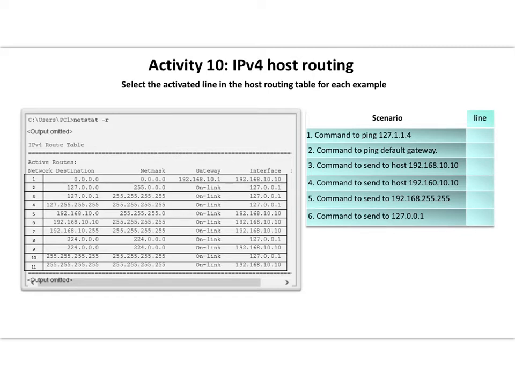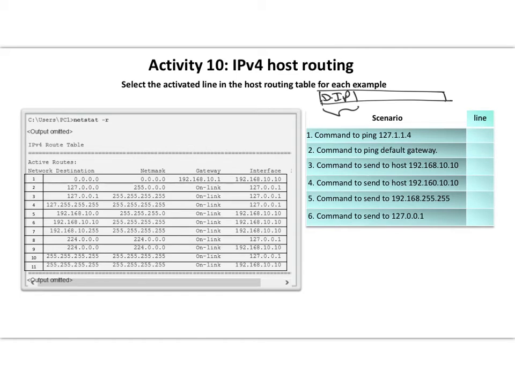So typically the host would receive a packet with a destination IP. What the host needs to do now is to decide, based on this destination IP, which route in the table it should select and route this packet accordingly.